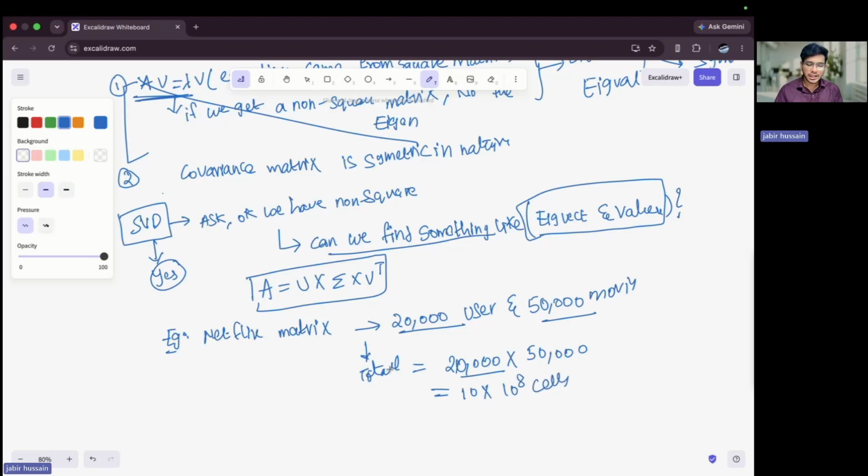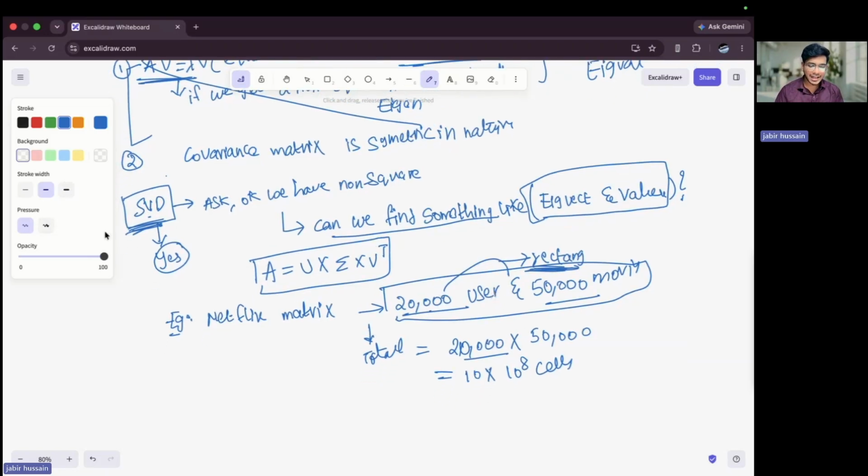Here you can see this is a rectangular matrix. If we try to extract patterns with PCA, then yes, PCA might work, but it will be a lot of computation. When we talk about code, I will show you the comparison of implementing SVD and PCA for this type of matrix. But remember, this is a rectangular matrix.